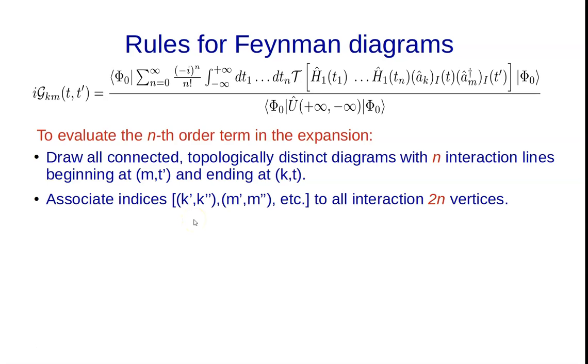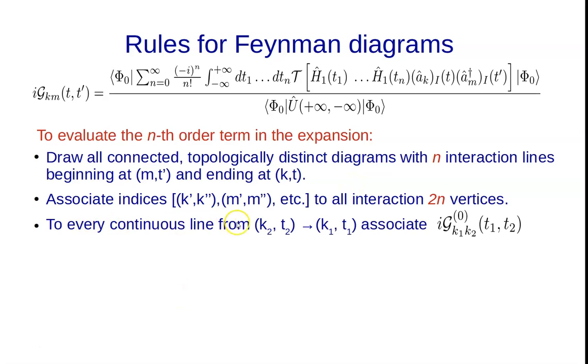Being consistent with the fact that you have v_{k,k'}, v_{k',k''}, and prime and double prime. This is one vertex, this is the other one, etc.